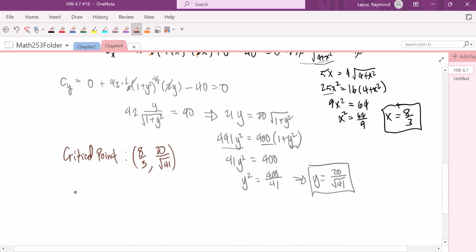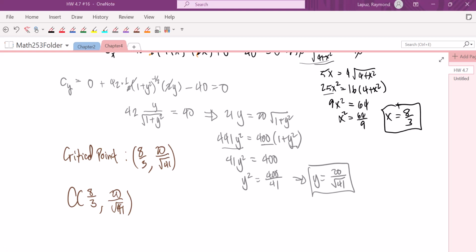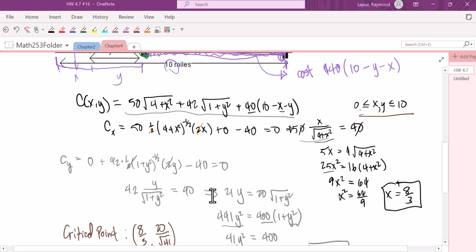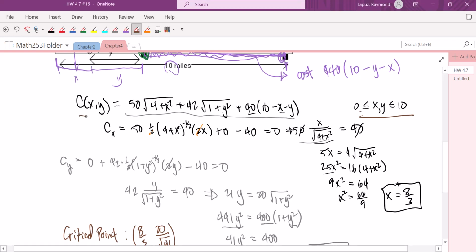What I am interested in is to find the cost when we lay down 8/3 mile for the first part and 20 over root 41 miles for the second part, and see how much that's going to cost. So we would essentially put it back into this formula, and so we're putting 8/3 in for x and 20 over root 41 in for y.